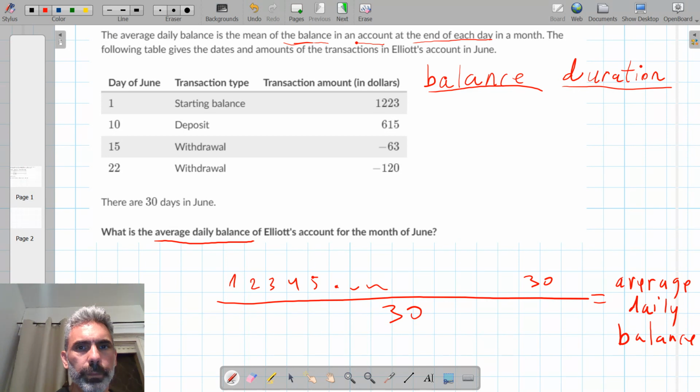So from June 1st until June 10th, the balance was 1,223 for a duration of 9 days.